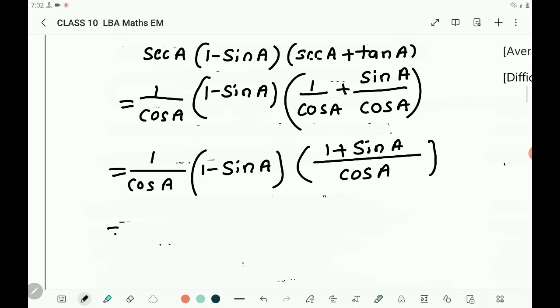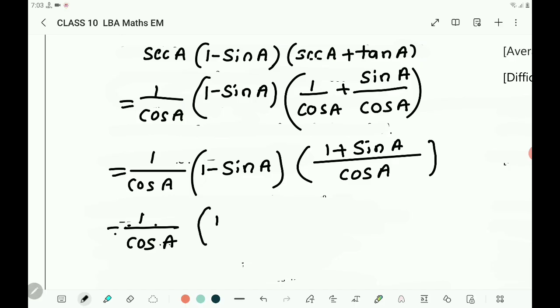That equals, write 1 by cos A as it is. One minus sin A into 1 plus sin A. Here you can use the identity A minus B into A plus B, which is equals to A square minus B square.